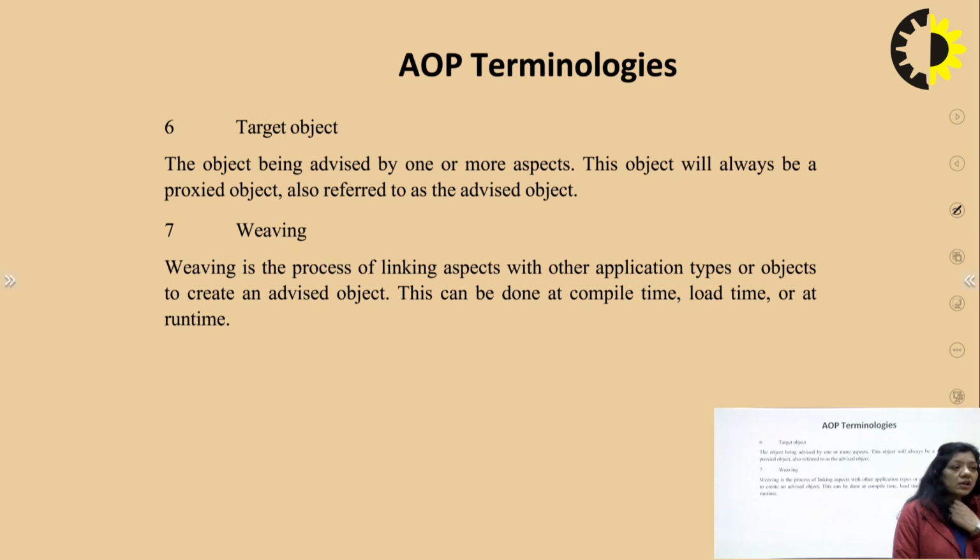Target object is an object advised by one or more aspects. This object will always be a proxied object, also referred to as the advised object. Weaving is a process of linking aspects with other application types or objects to create an advised object. This can be done at compile time, load time, or at runtime.